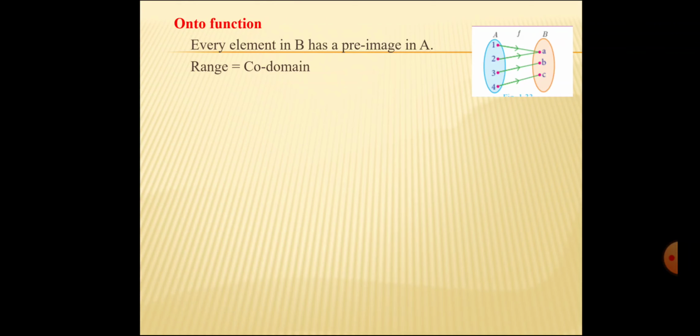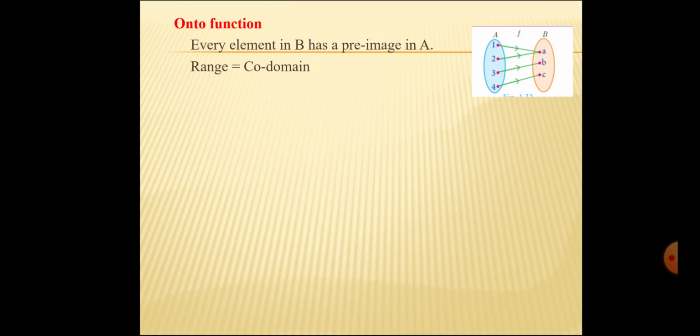So range is equal to {a, b, c}. Okay, what is the codomain? All the elements in B are the codomain. So here the codomain is a, b, c. So range answer a, b, c, codomain answer a, b, c. So range is equal to codomain, that is an onto function.